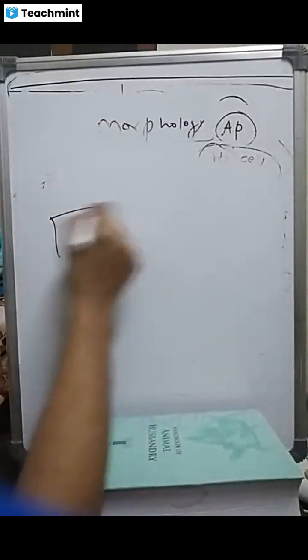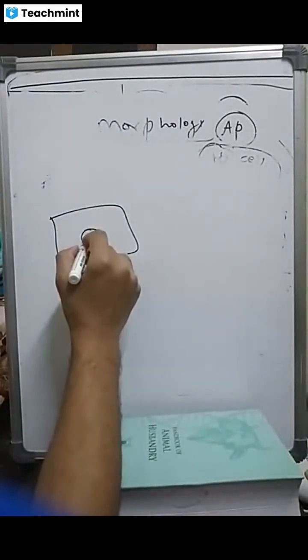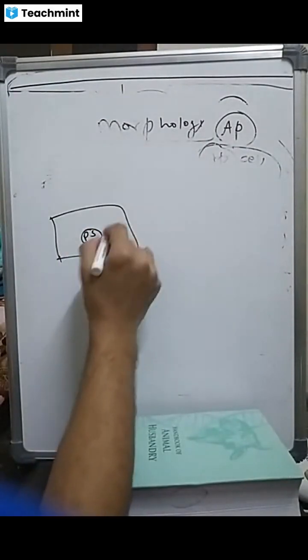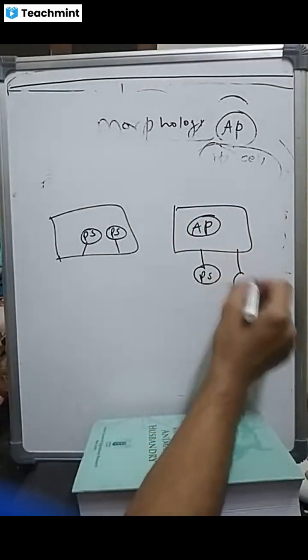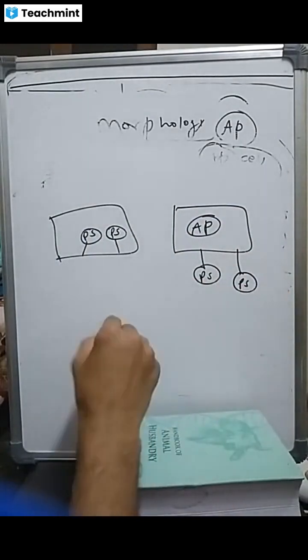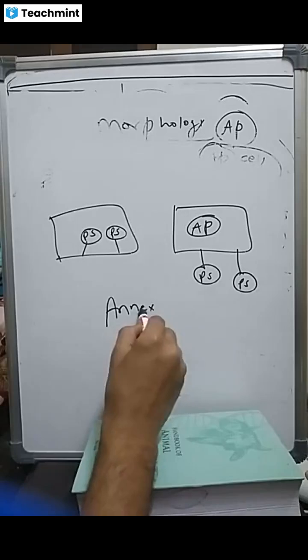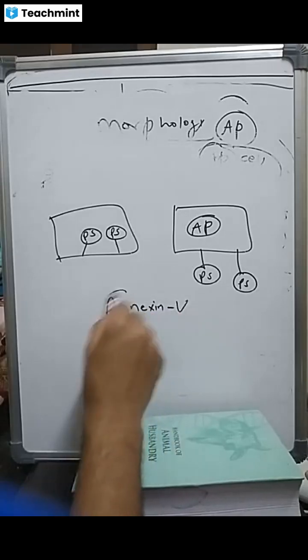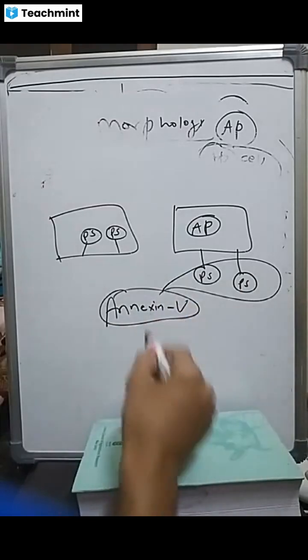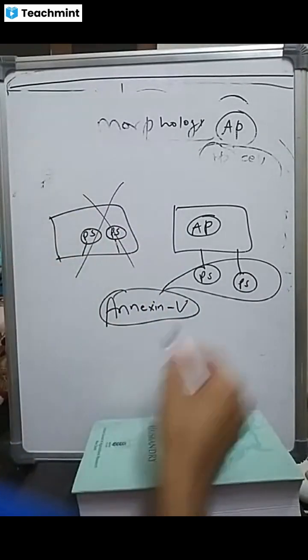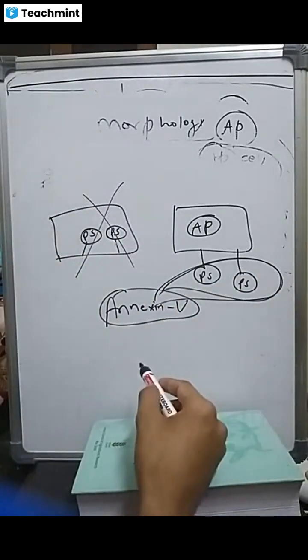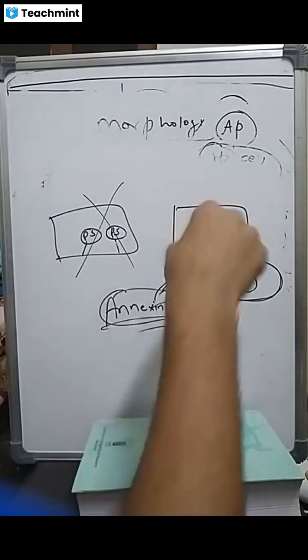Suppose this is the normal cell having phosphatidylserine inside, and this is the apoptotic cell which has phosphatidylserine outside. The annexin V molecule will bind with these two. It will not bind with the normal cell because they are inside. It will bind with the outside molecule. So this will help to diagnose.